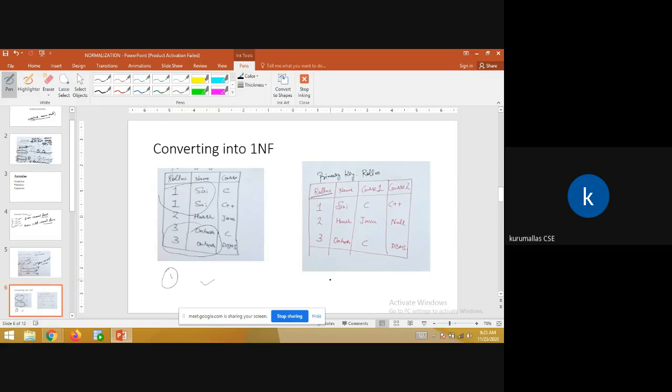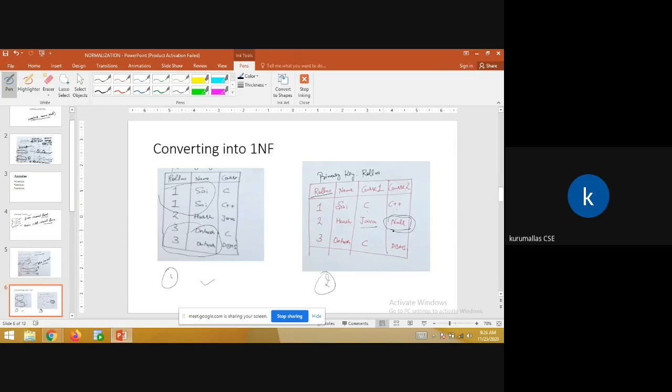So still we have redundancy. The second solution is that, instead of maintaining a separate row for each course, we split into extra columns: column 1 and column 2. One, Sai, C, C++; 2, Harsha, Java. So here Sai is studying two courses, C and C++. Harsha is studying only one course. The second course is set to null, right?